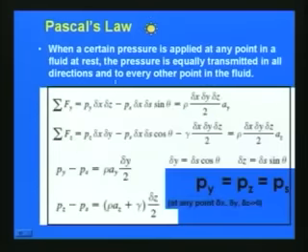Now, according to Pascal's law, when a certain pressure is applied at any point in a fluid at rest, the pressure is equally transmitted in all directions and to every other point in the fluid.